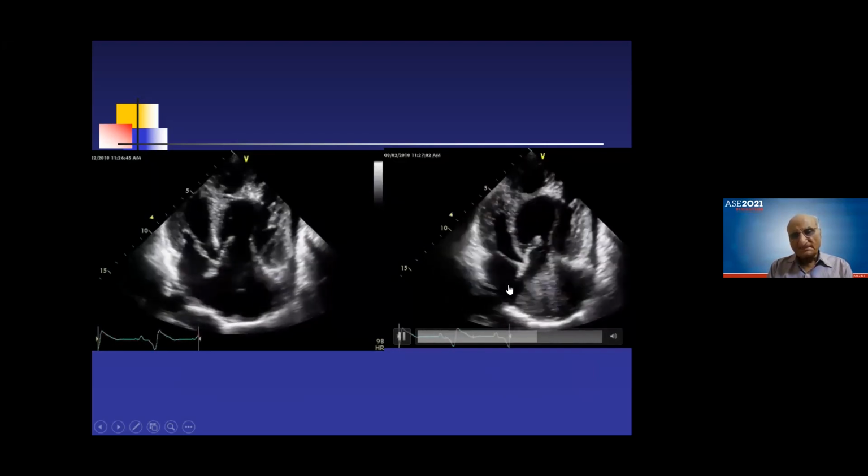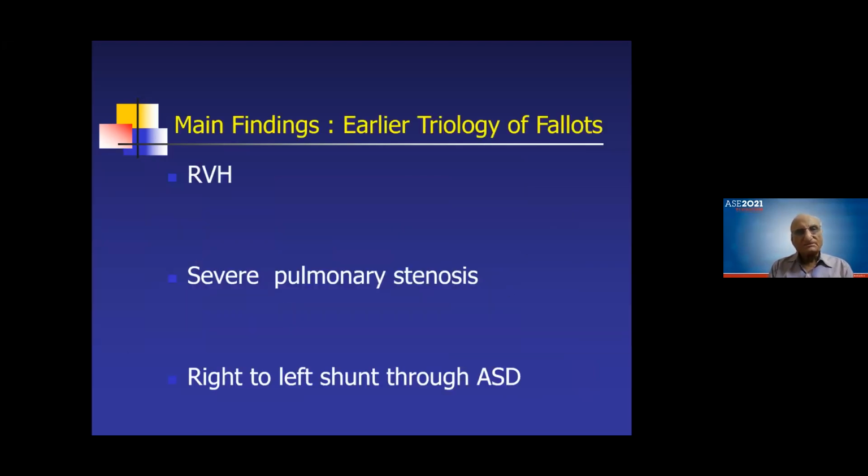So earlier, this used to be known as a trilogy of Fallot some old time, because why? There were three things: RVH, severe pulmonary stenosis, what we showed you, and right to left shunt through the ASD, either because of a patent foramen ovale or an ASD.